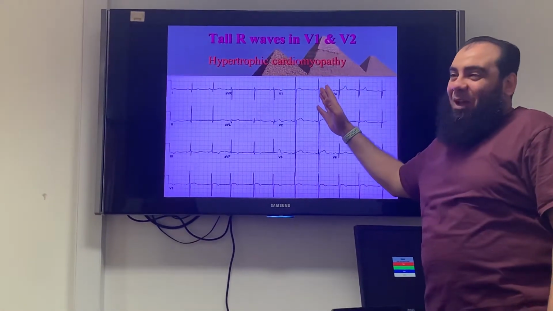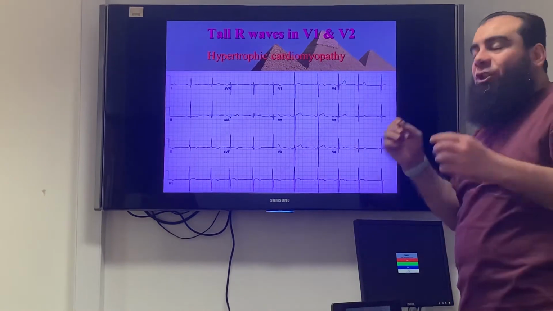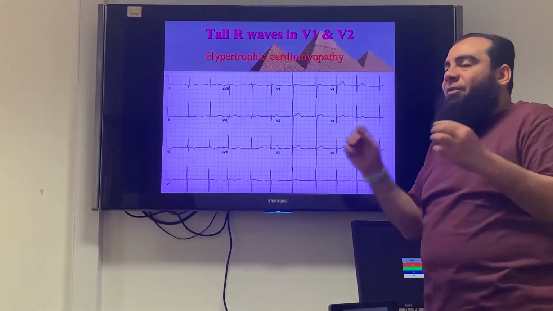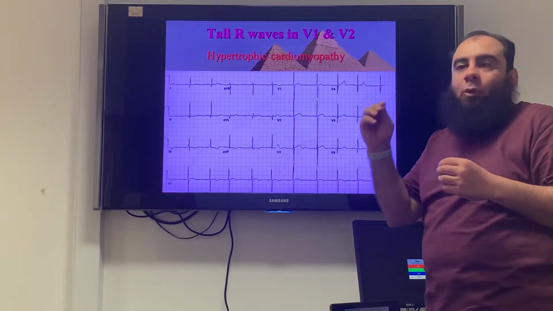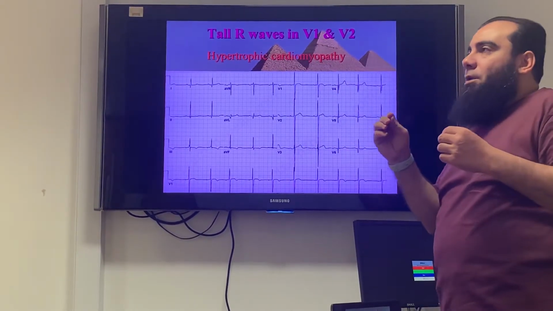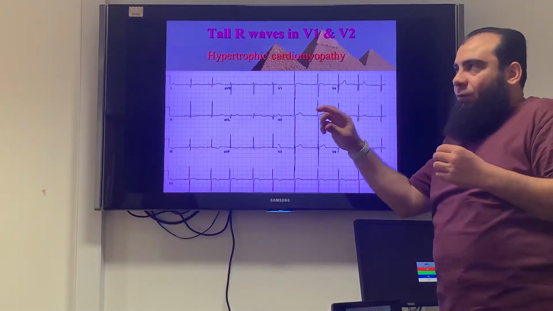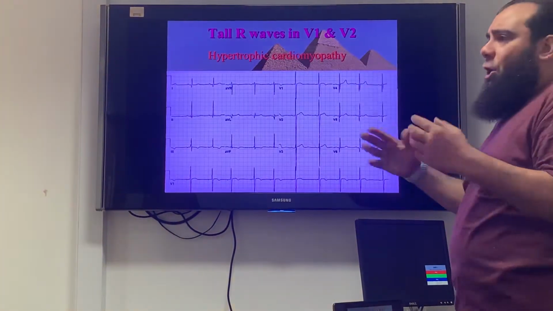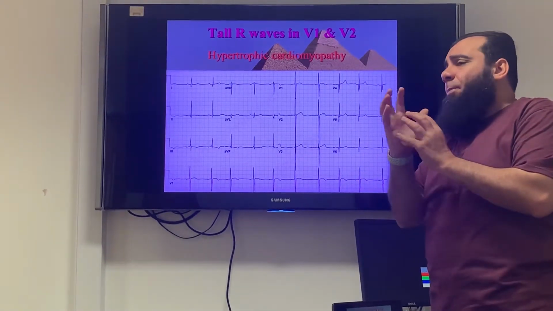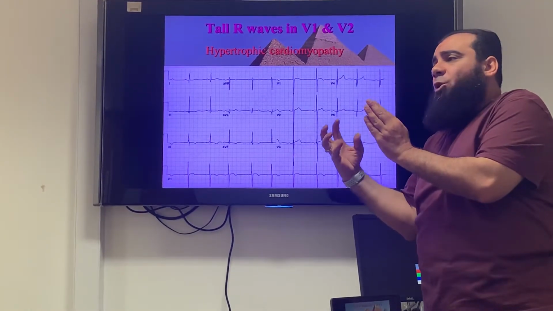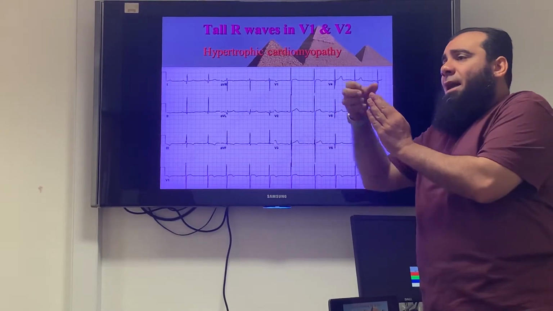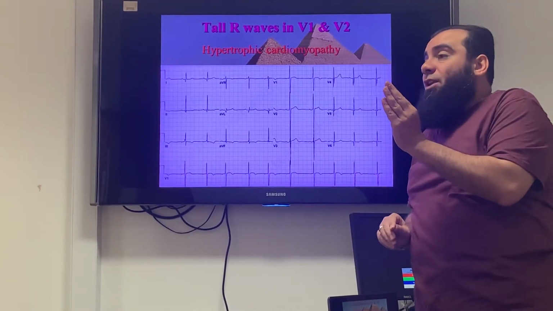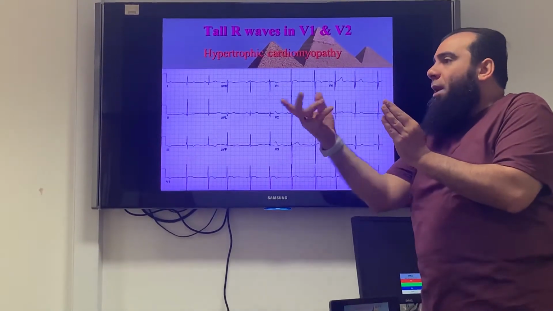Again, another cause of tall R wave is hypertrophic cardiomyopathy, which before we called HOCM, but that abbreviation has been removed, hypertrophic obstructive cardiomyopathy. For about 10 years now we use the term hypertrophic cardiomyopathy, which is actually a septal hypertrophy more than hypertrophy of the left ventricle itself, and it usually closes the outlet of the left ventricle near the aorta, so it causes syncope like aortic stenosis.